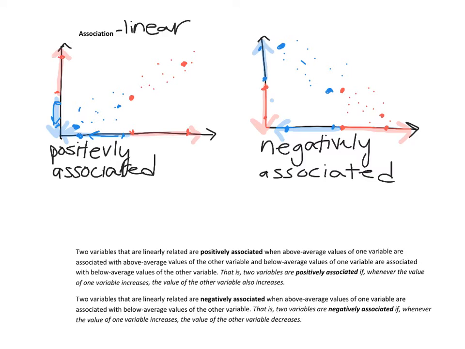Okay, so some examples of positively associated. We can think of this type of model when we're talking about height versus weight. As our height increases, the weight increases. As our height decreases, the weight also decreases.